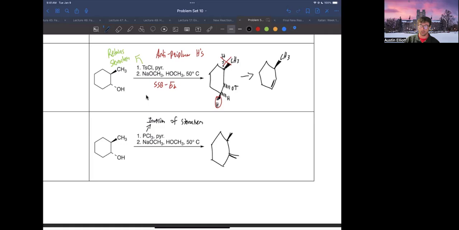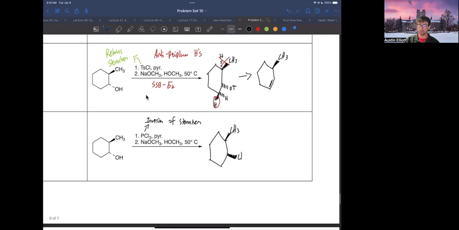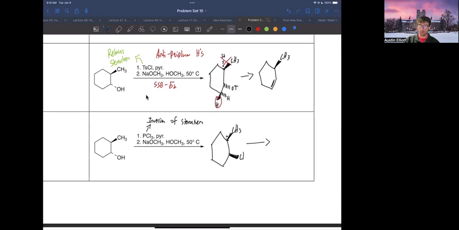But this time it flips it and we get a Cl on that wedge like that. And now we have the hydrogen on those dashed lines up there. Once again, looking for the antiperiplanar hydrogen. We found it up there, and our product is going to be more like the E2 Zaitsev.